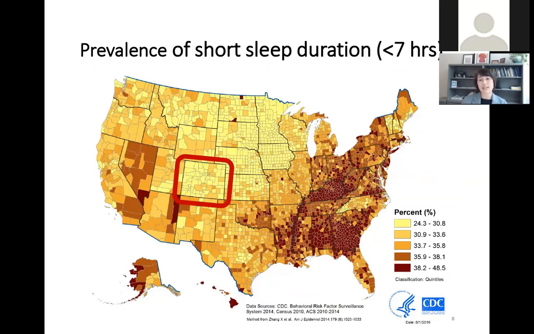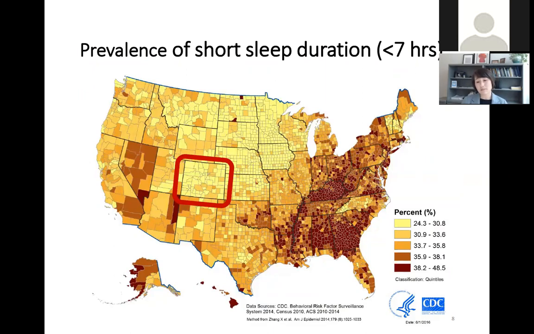And we define that as being less than 7 hours of sleep because what we know from a review of the empirical literature to date is that below 7 hours of sleep is when we start to see major physiological and neurobehavioral decrements in functioning. So 7 hours really seems to be the minimum at which we start to see these really negative consequences.